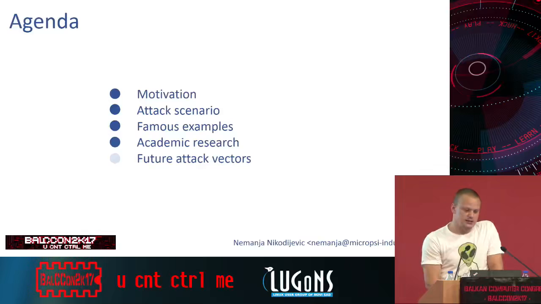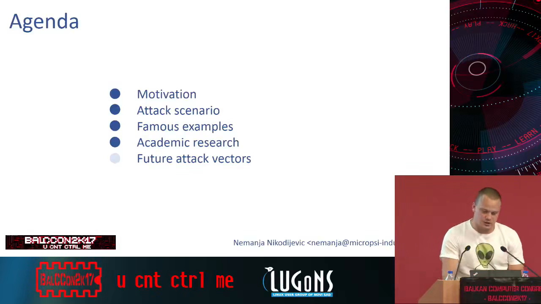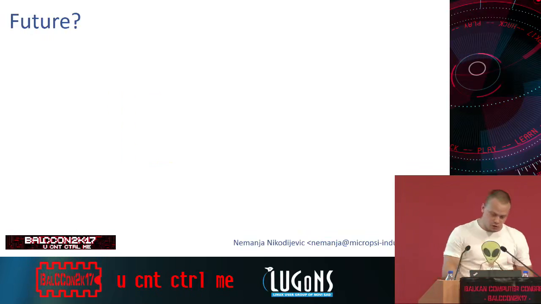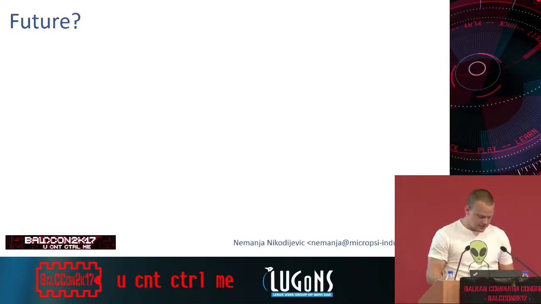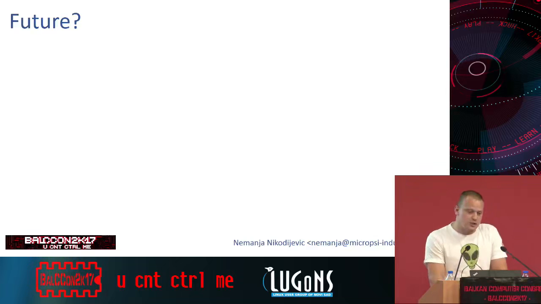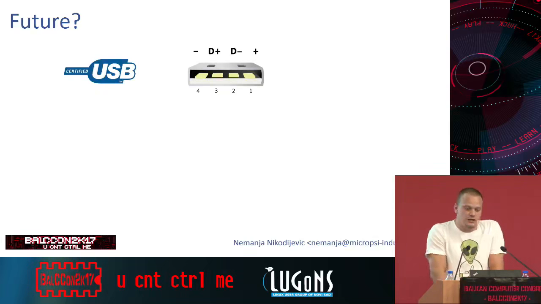And now for the fun part: what are the future attack vectors? What can we expect to be used as an attack vector in the nearest future? As you could see, real-world examples extensively used USB-C as at least one minor attack vector.